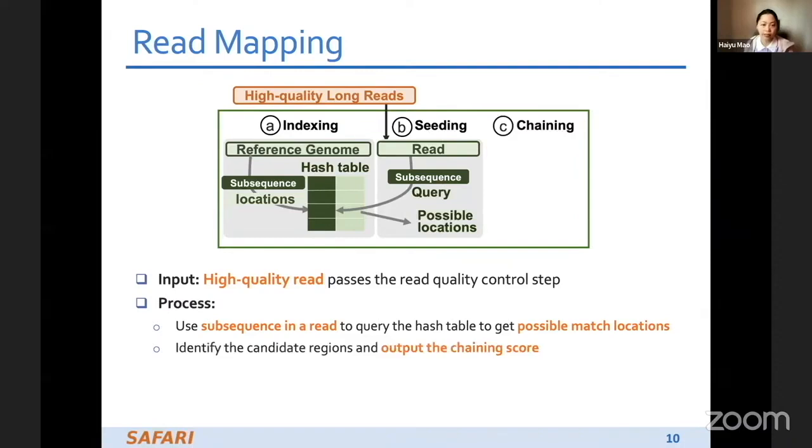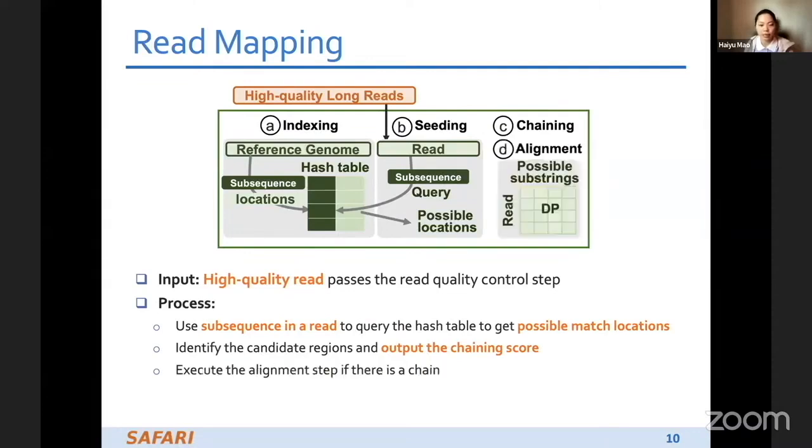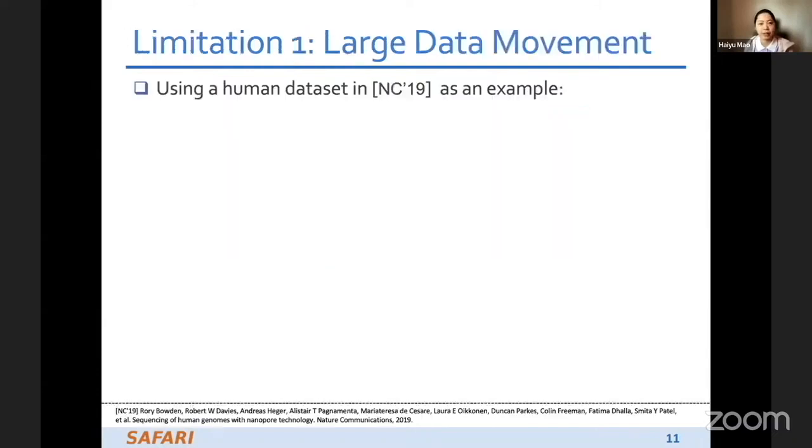Then we do the chaining, in which we identify the candidate regions and output the chaining score. And finally, we execute the alignment step if there's a chain. So the output is the mapping information here.